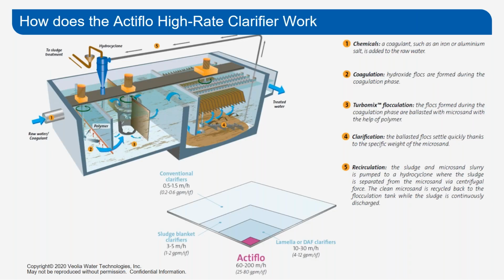So here you will see we introduce the polymer that goes through a very high mixing zone for coagulation and flocculation, and then the ballasted flocculation using sand rapidly precipitates all the flocs that are formed, and then the sand is separated through a hydrocyclone, which introduces even more mixing into the system.